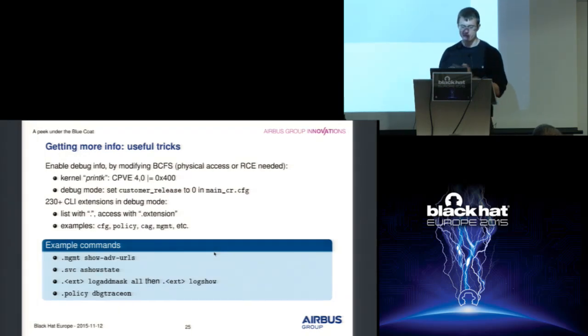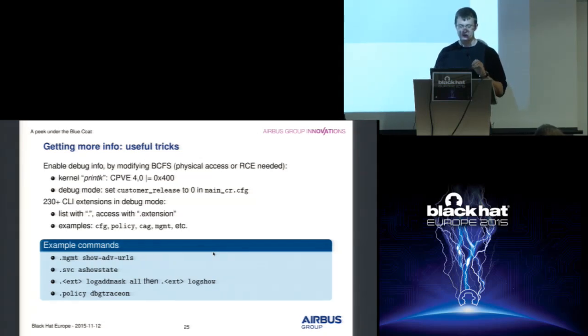When you enable the debug mode, you have access to more than 200 CLI extensions, like the one I mentioned to access the registry. They allow you to access all the internals of the userland components of the ProxySG. You can dump your configuration, show the advanced URL for management, and show the state of all the services if you want to see what's listening on what port. By default, you cannot check that.